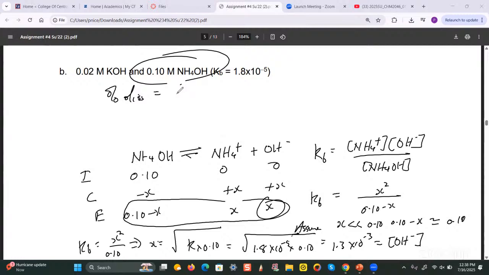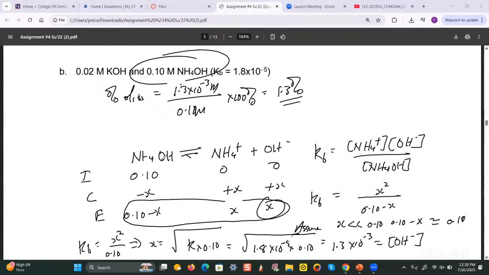Concentration of OH, which is 1.3 times 10 to the minus 3 M divided by 0.10 M times 100%. So that would be 1.3 times 10 to the minus 3 divided by 0.1 times 100. And according to my calculation, that works out to be 1.3%.